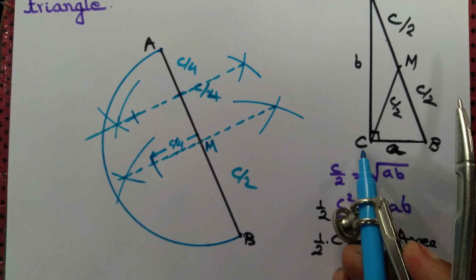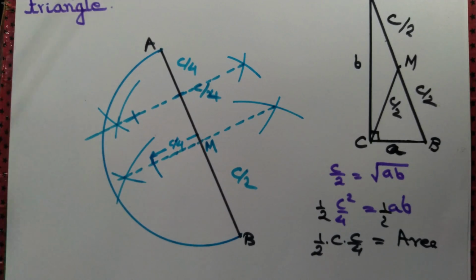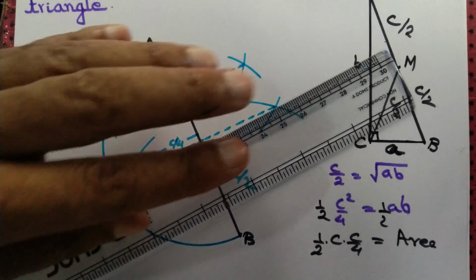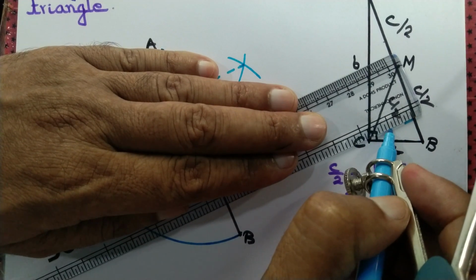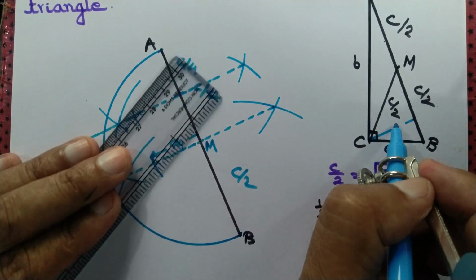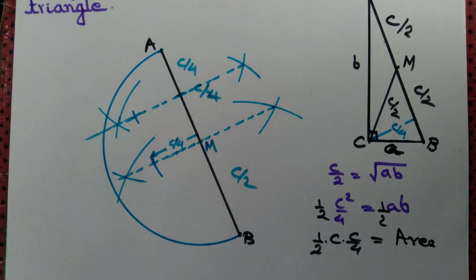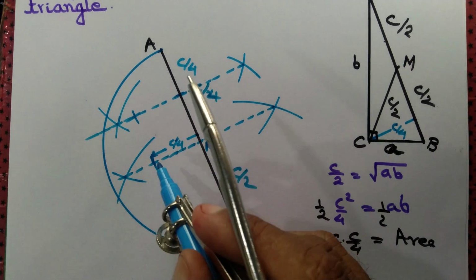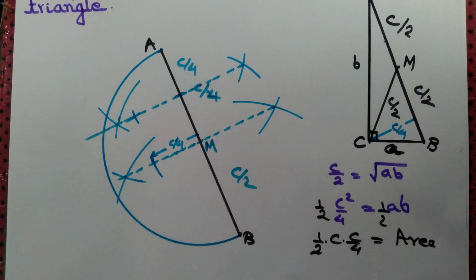So we want angle C to measure a right angle, and we want the altitude to be C by 4. So this distance is C by 4, but this angle is not a right angle.